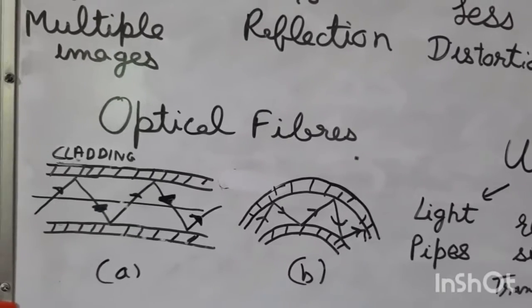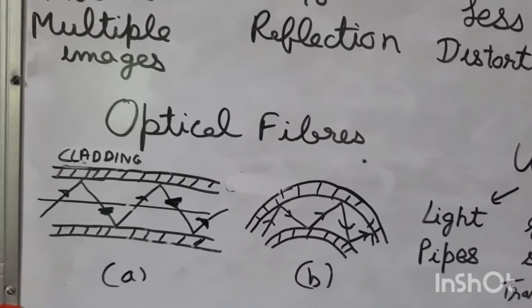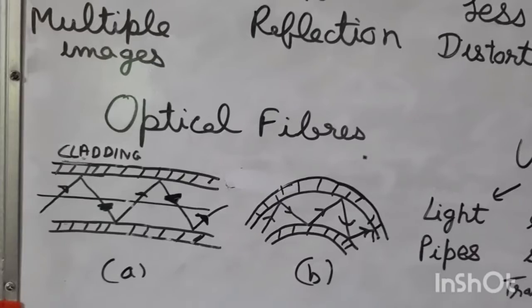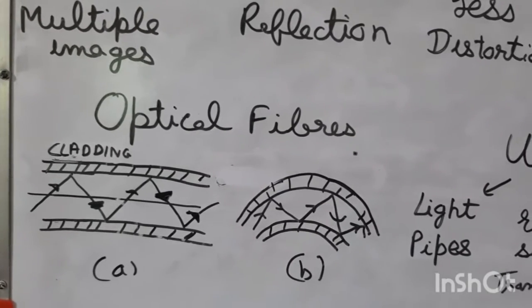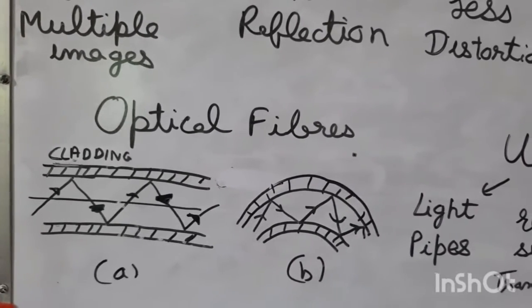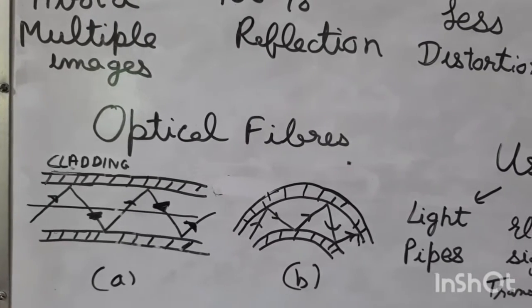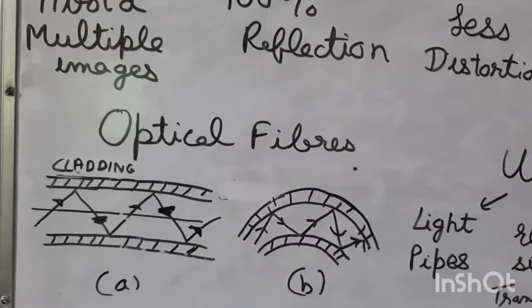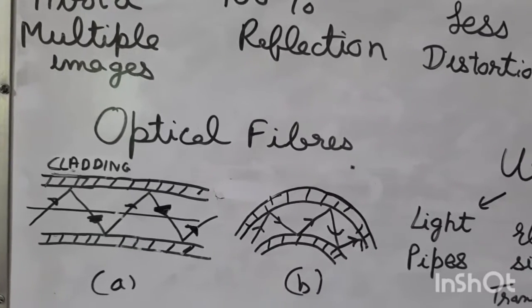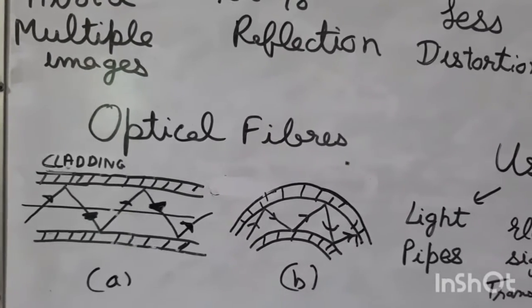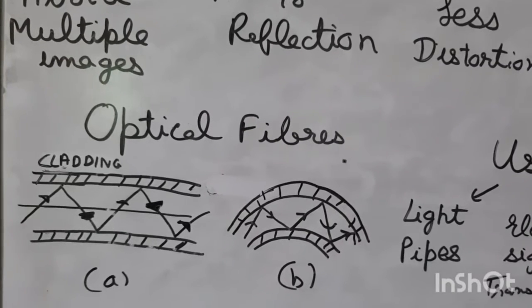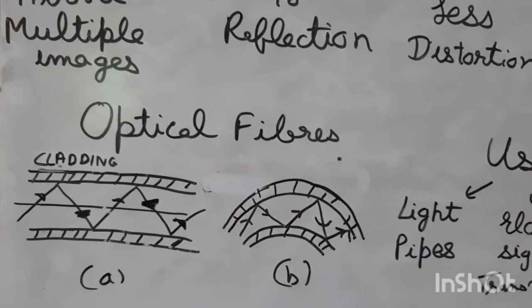Because the total internal reflection occurs only when a light ray is going from denser to rarer medium. So the glass and quartz, which we clad, the material we use for cladding has a refractive index less than the quartz or glass.